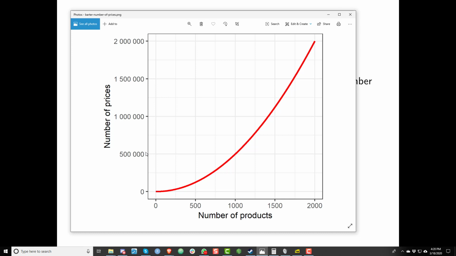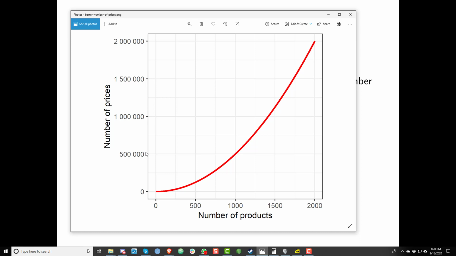Now, if the price of beef falls, then I will have to reevaluate the price of beef in terms of all other products in the market. So I will have to reevaluate the price of beef with respect to eggs, the price of beef with respect to oil, the price of beef with respect to ECON courses, and so on and so forth. And beef is not the only good whose price is changing in the economy.